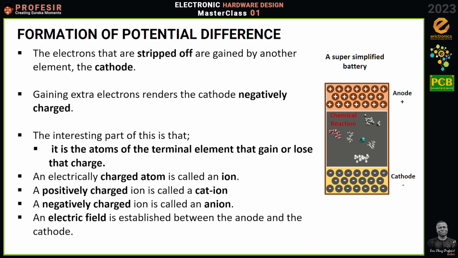Now, let's proceed. So far as we have positive charges accumulated here, negative charges accumulated here, what do you think is going to happen? Electric field is going to move around it. So if you take a battery, there are electric fields all around the battery running from the positive to the negative terminals. Okay?